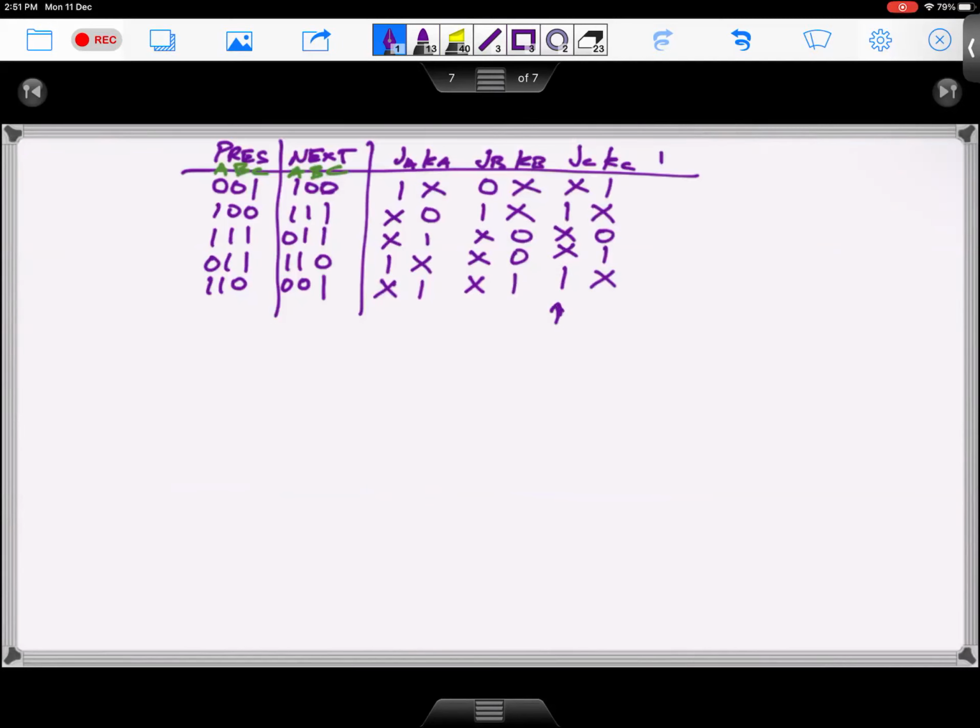And away we go. Let's just tidy it up a little bit there, a little unnecessary. And we're good to go. Okay. So we have KA. We have JB. We have KB. And we have KC.